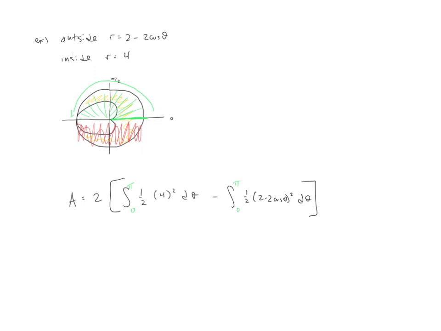So we've got our 2, because this only talks about the top half, so I need to double it to get the bottom. So I've got my 2, then the area of the big, which is the circle, minus the area of the little, which is the cardioid, starting at 0 and sweeping around to pi on both of those.